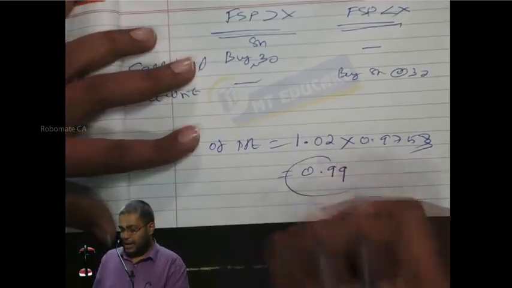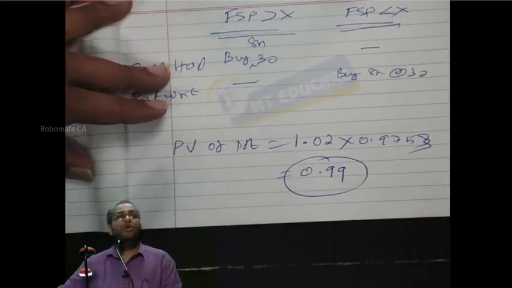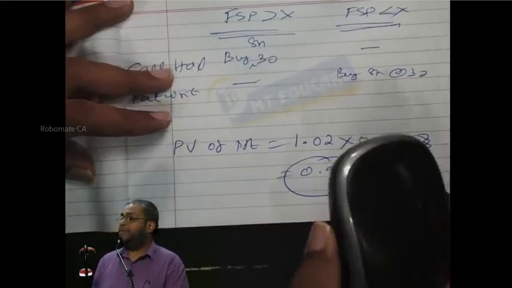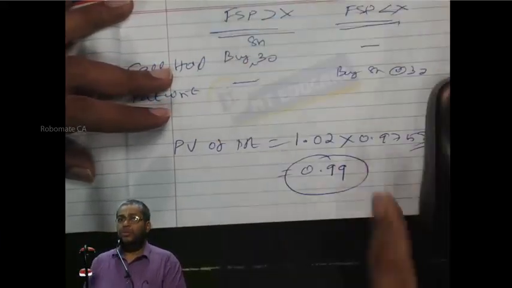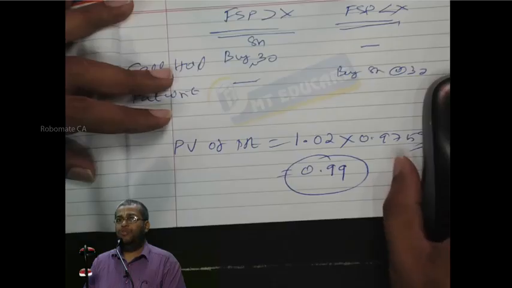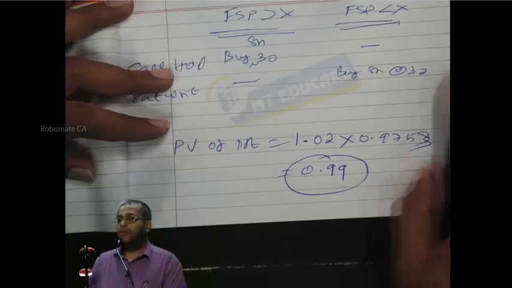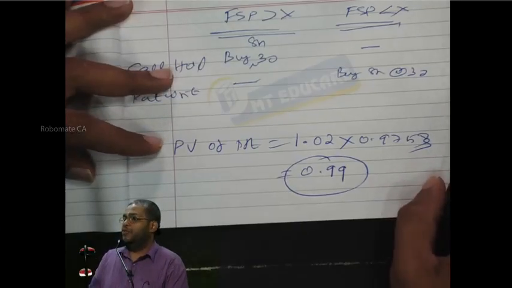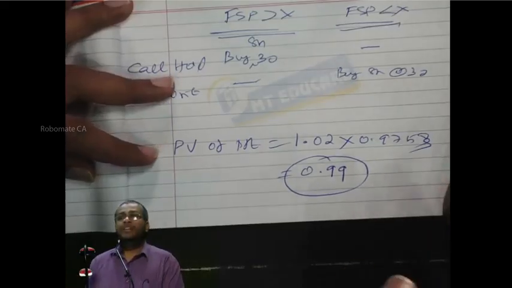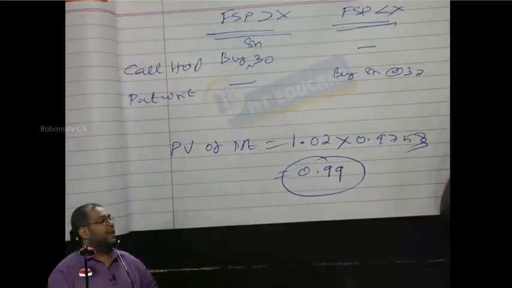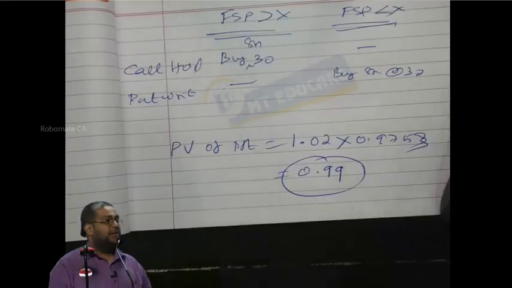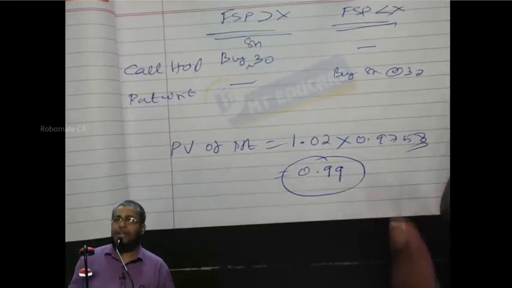What is the portfolio A value? 32.26. What is the portfolio B value? 33.25. What is the difference here? 0.99. That is what I made as profit, because one is underpriced and the other is overpriced.